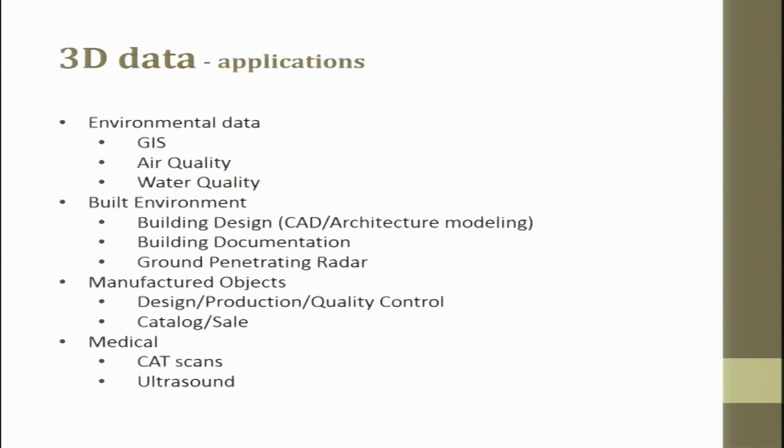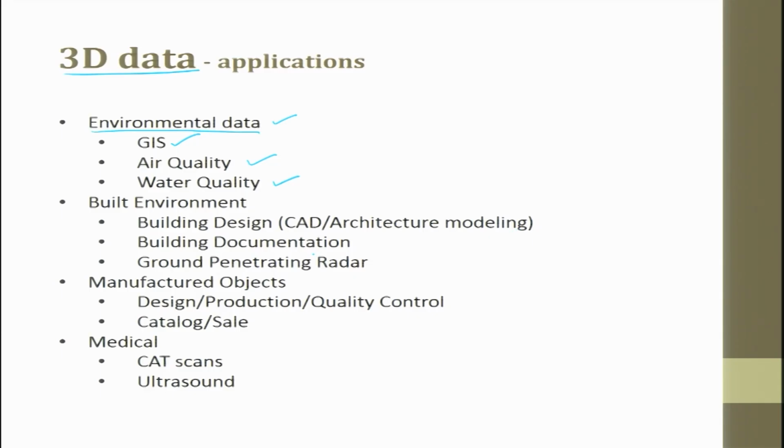Wherever 3D data is used for environmental data, GIS, air quality, water quality, 3D data plays a very important role. In the building environment, we have building design, CAD and architecture modeling, where we use 3D data.